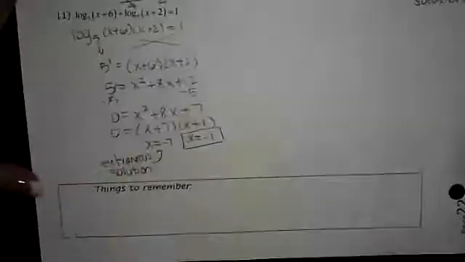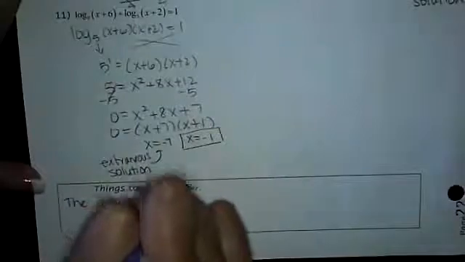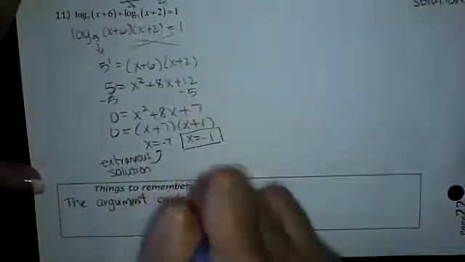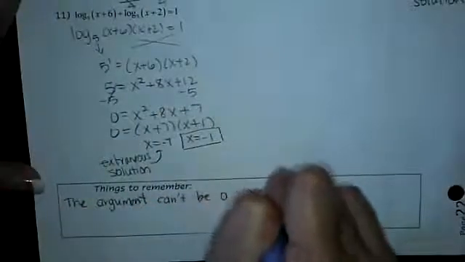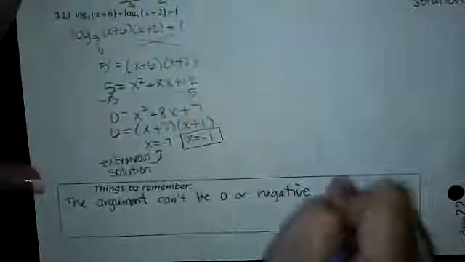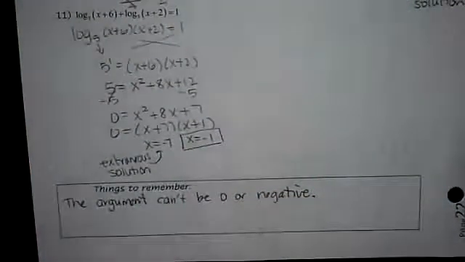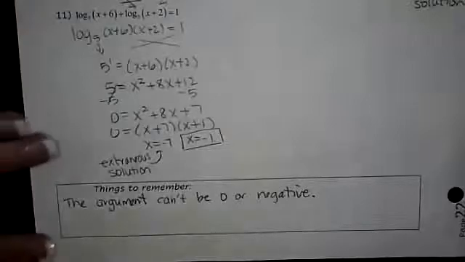So some things to remember. The argument can't be 0 or negative. Those points are undefined, so you want to make sure that you know how to do that. In order to set the arguments equal to each other, there has to be a log on each side.